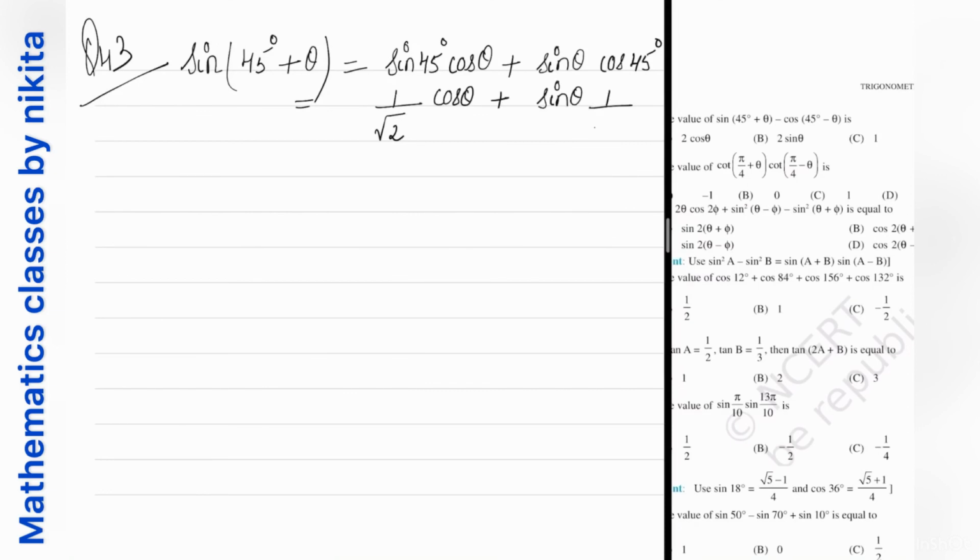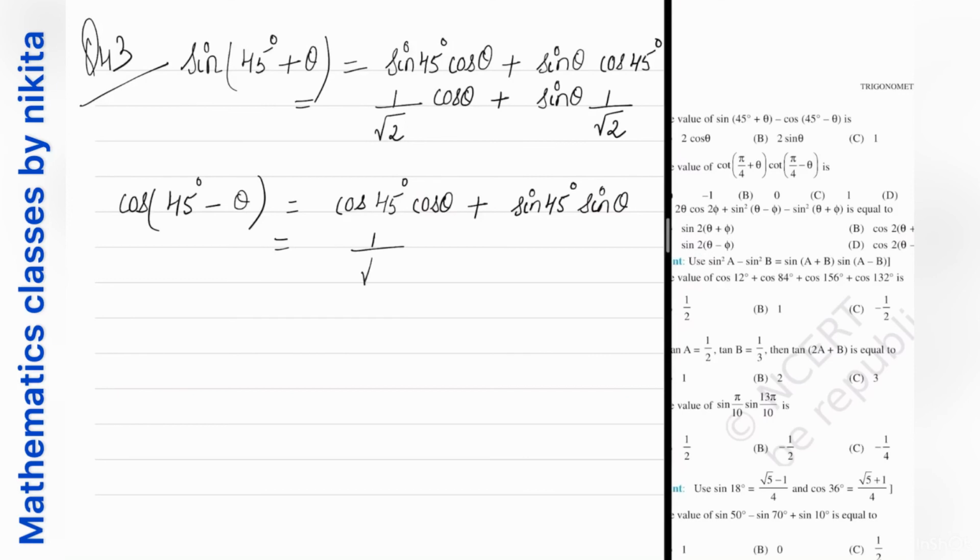So now consider cos of 45 degrees minus theta, and the formula is cos a cos b plus sin a sin b. So you will get cos 45 into cos theta plus sin 45 into sin theta. Put the values, you will get 1 by root 2 cos theta plus 1 by root 2 sin theta. So now let's subtract these two.